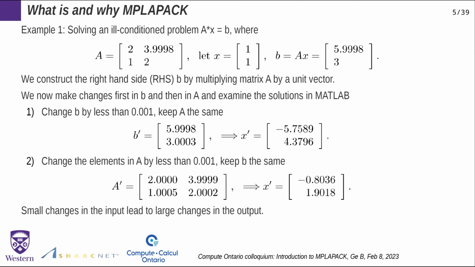So we, of course, expect the solution to be the same as the unit vector. Now, we make some small changes in b, and we see the solution is quite different from the original vector x.